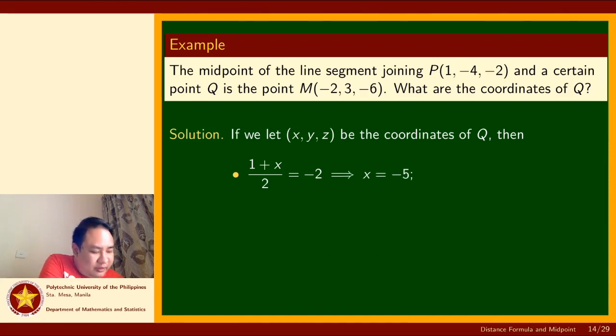Solving for x, we get x equals negative 5. Next, negative 4 plus y divided by 2 is 3. Solving for y, we get y equals 10.